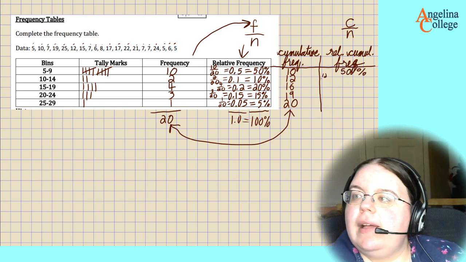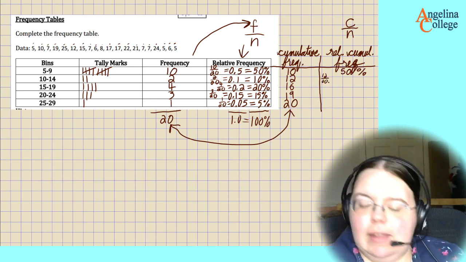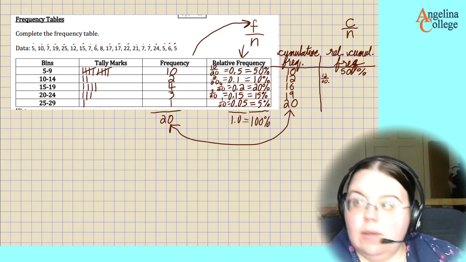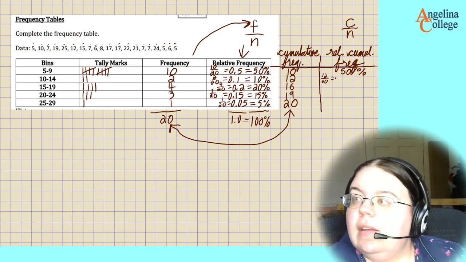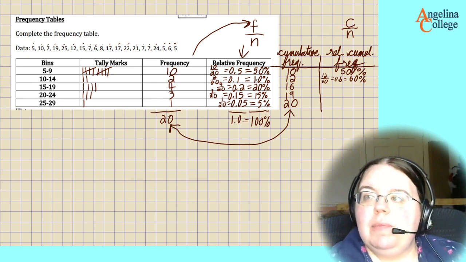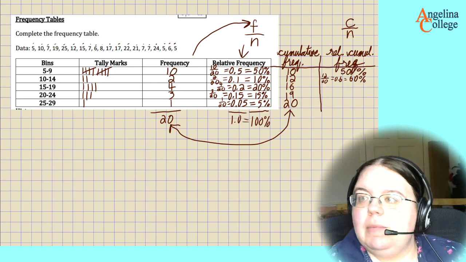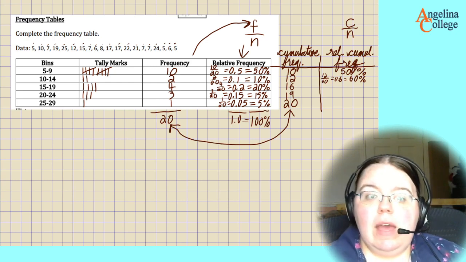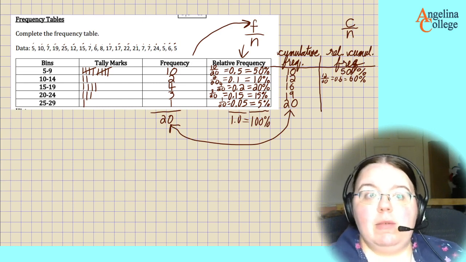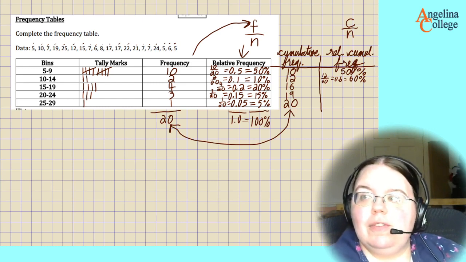So we'll have 12 out of 20, which is 0.6, which is 60%. Now, another way you can get this, since we've already got a relative frequency column, is we can say 50% and 10% is 60%. And I'm going to continue that way for the rest of it, just because I'm lazy like a mathematician and we've already got those percents.